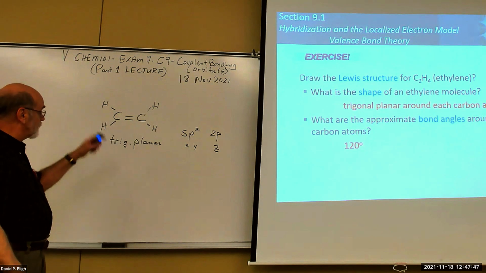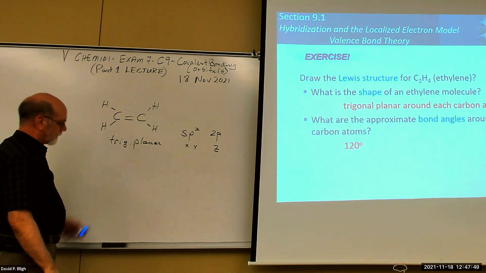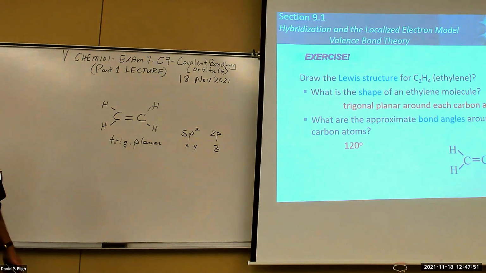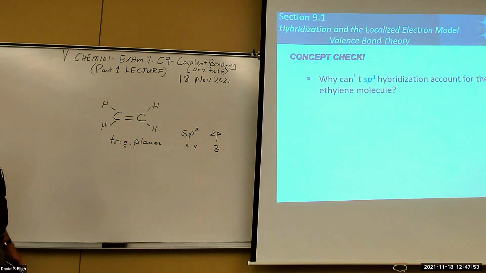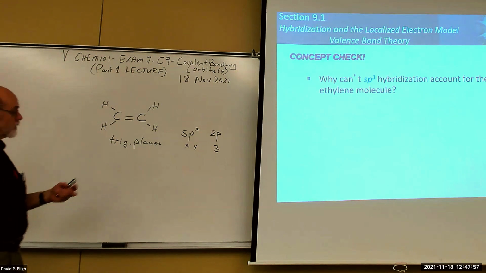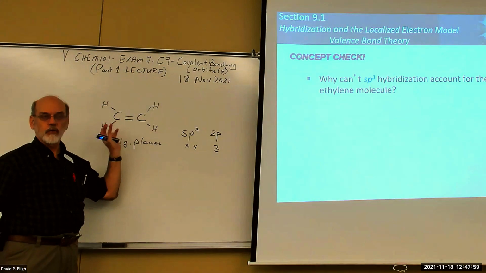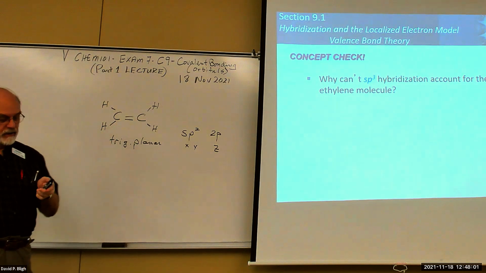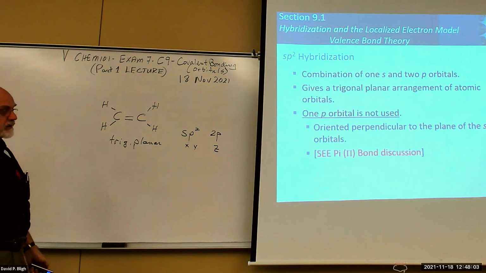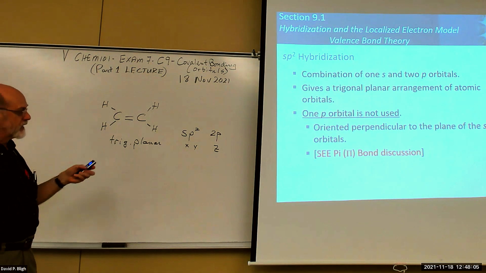And that is, in fact, what we see here. So sp3 can't account for it because we don't have 4 equivalent orbitals. We only have 3. So sp2 is required to hybridize.